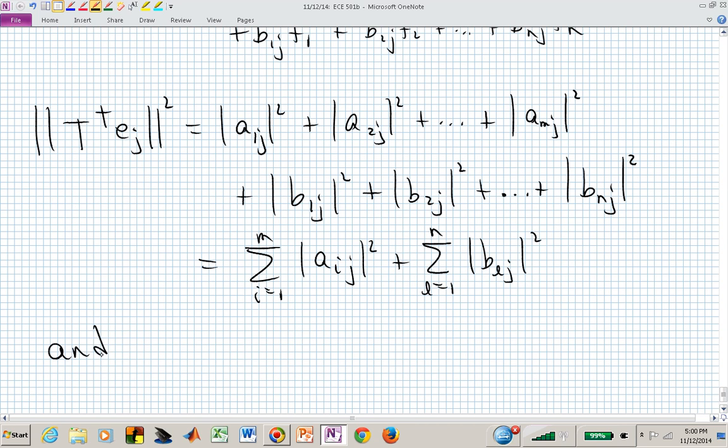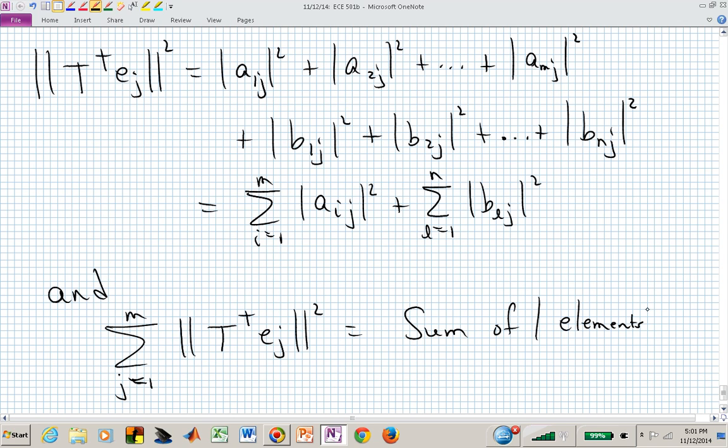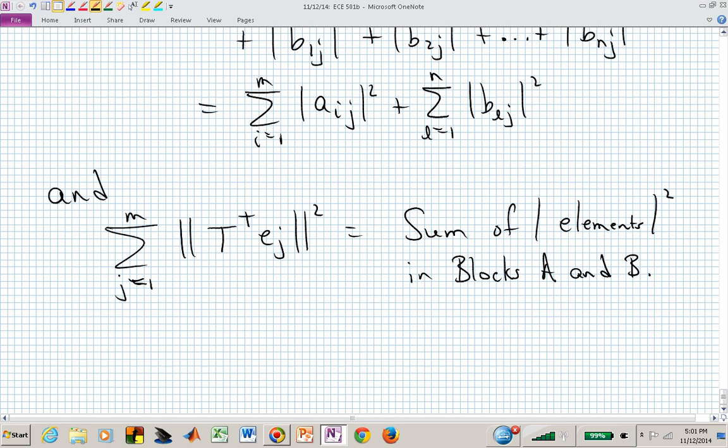So now we have this sum. If we looked at all of those possible e sub j's, all m of those from j equal 1 to m, now we have this sum of elements squared in both blocks A and B. But we started in this proposition with T being normal.